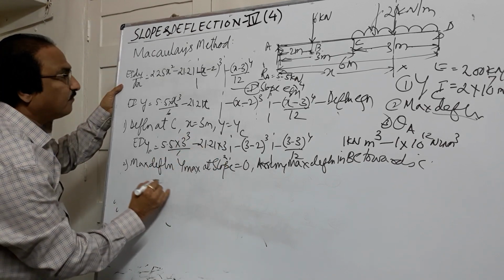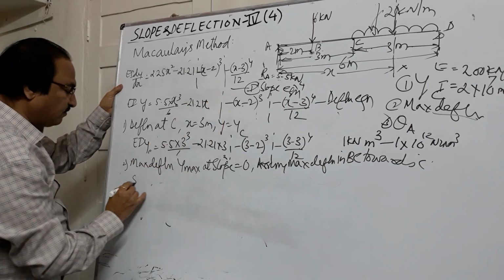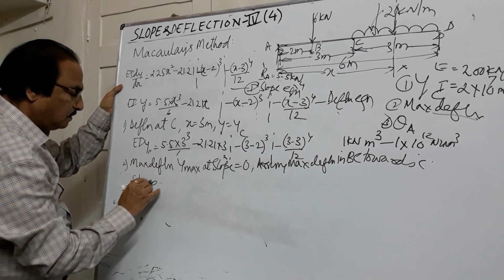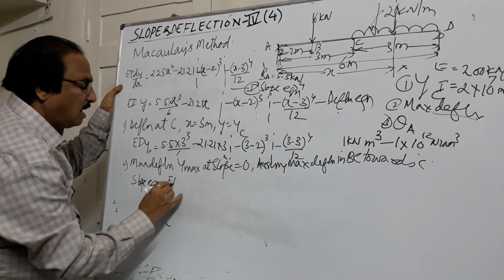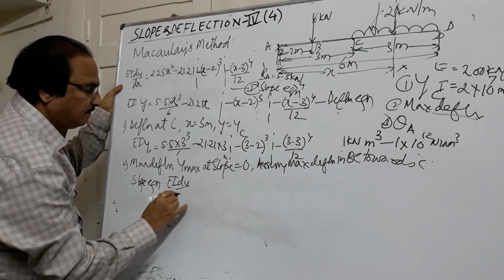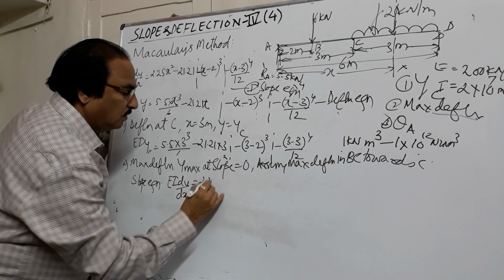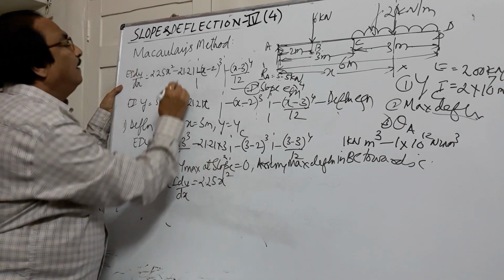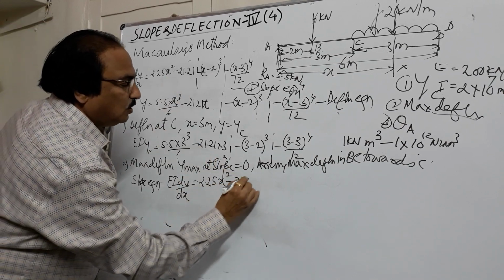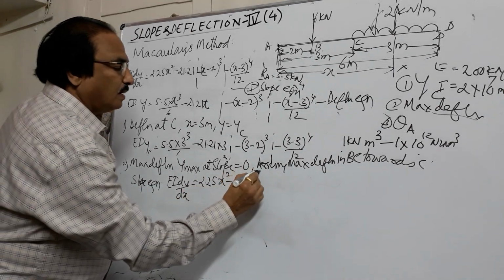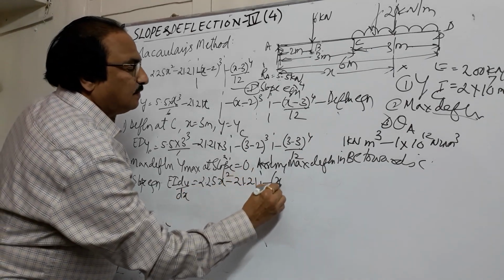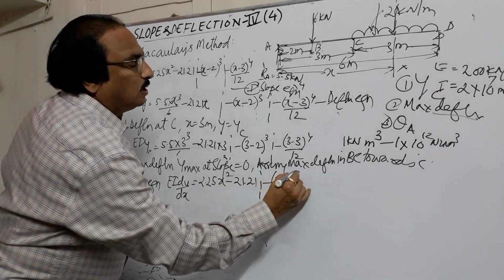So here, if I call it the slope equation, EI dy by dx is equal to 2.25 x square minus 21.21 minus x minus 2 whole raised to 3.